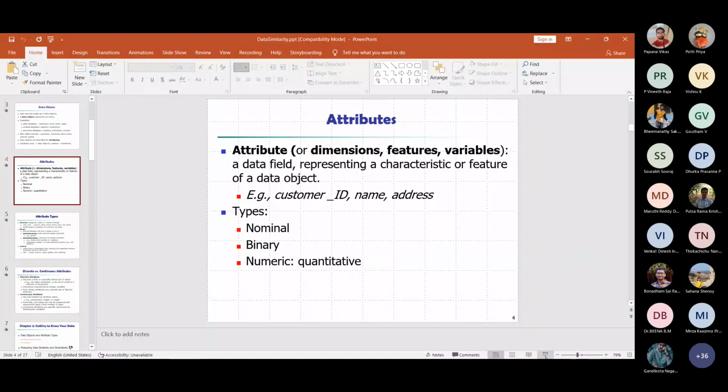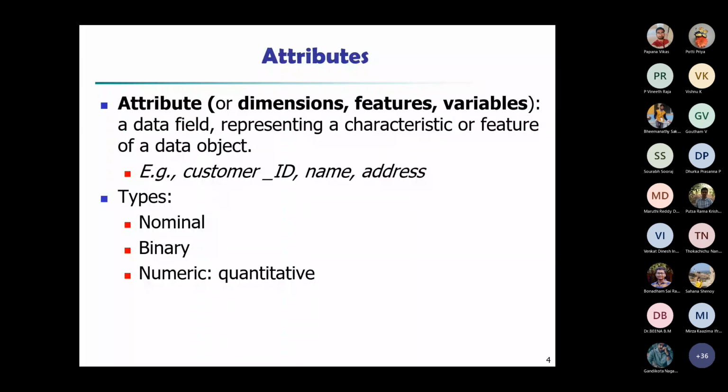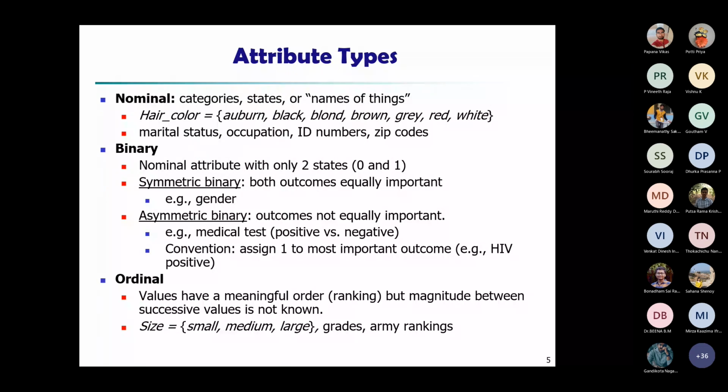So last class we were talking about the types of attributes. We talked about nominal, where we have names. They are all categorical attributes, where the attribute values are different states or categories or names of things, like, for example, hair color: black, brown, gray; marital status: single, divorced, married; or occupation, like driver, teacher, or doctor.